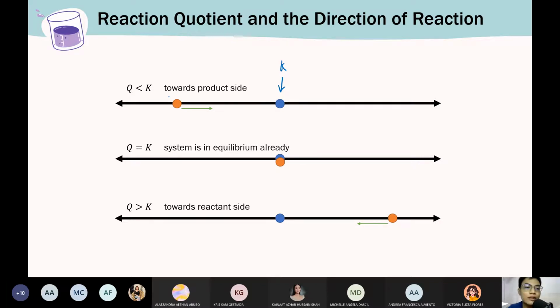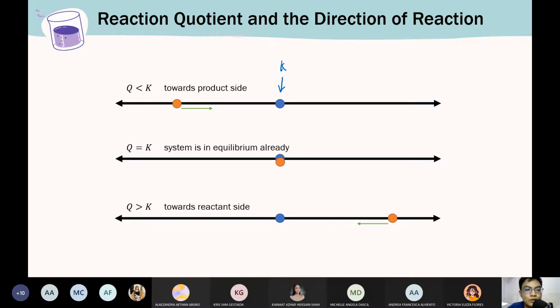And depending on the value of Q, there are different directions it can go. Let's say your Q is less than the K. That means the equilibrium constant is bigger than Q. Using the number line, we can visualize where the system must go.